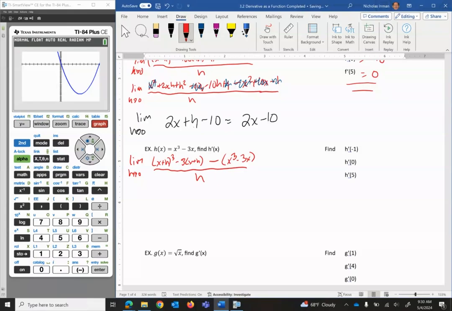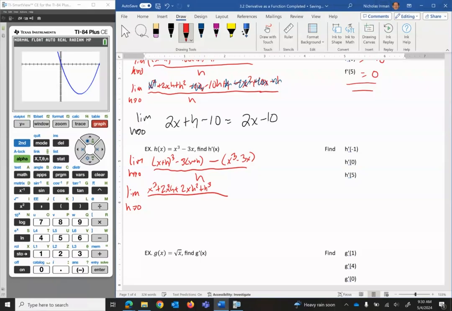So again, we can't just plug in 0 right now for our h. We'd wind up dividing by 0. We can't do that. All right, so we have to try to simplify. All right, x plus h cubed. That is x cubed plus 3x squared h plus 3xh squared plus h cubed. That's how you cube something.